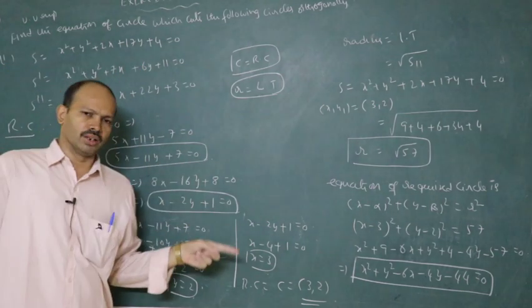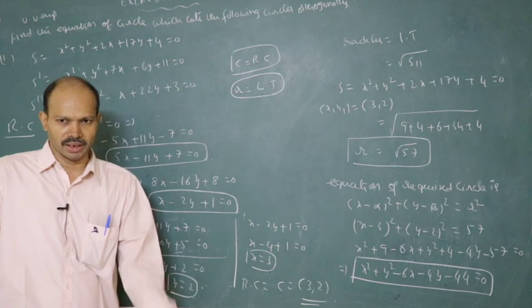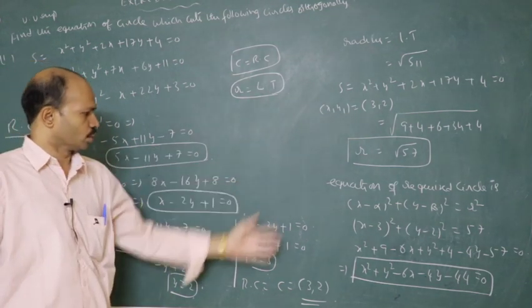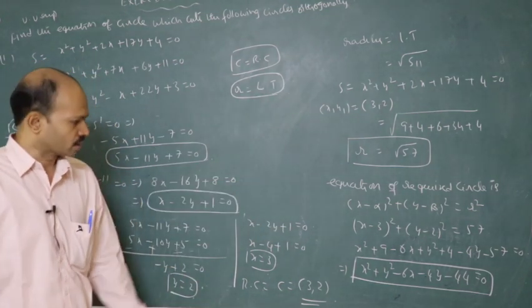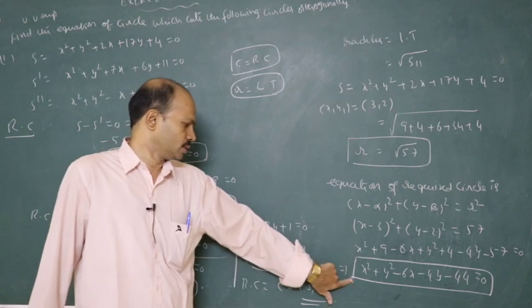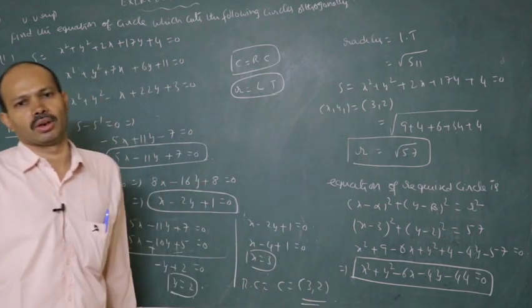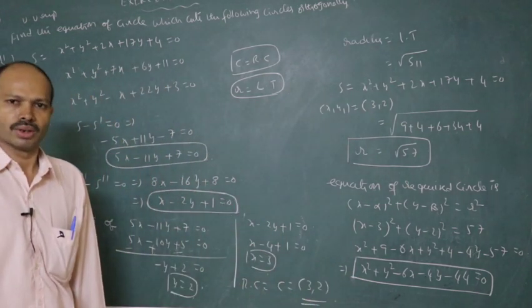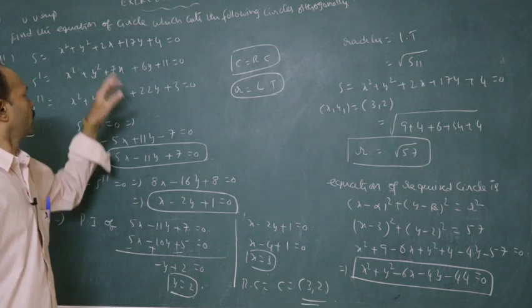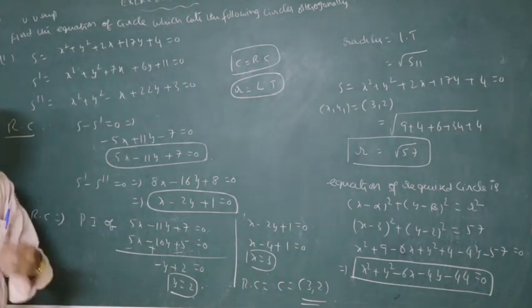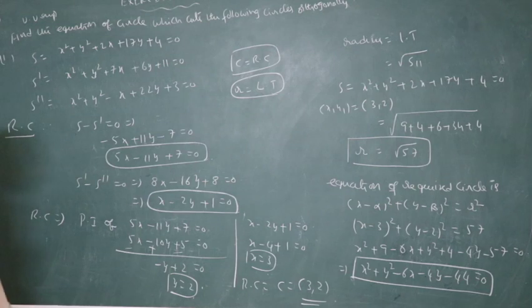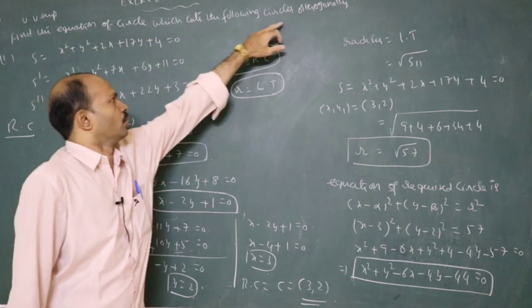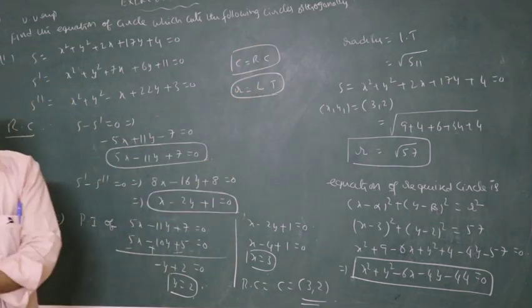If you have this question as an objective in JEE Mains, we don't do this total length calculation. Just the verification of options, and the one which satisfies the condition of orthogonality follows as your conclusion. It's a very, very important model. Again, I am recalling in brief: find the equation of the circle which cuts the following circles orthogonally.